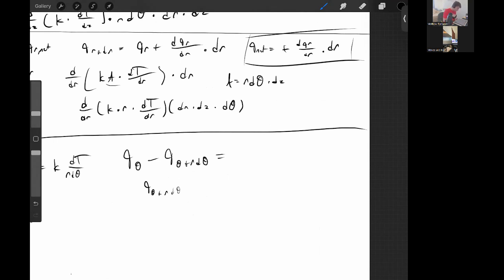Our heat flow at theta plus our change of theta in regards to radius equals q theta plus our temperature sensitivity, some change of theta multiplied by change of theta, right?